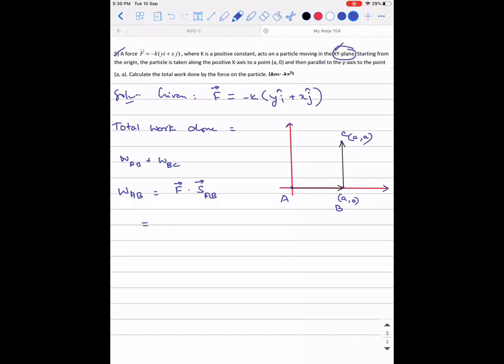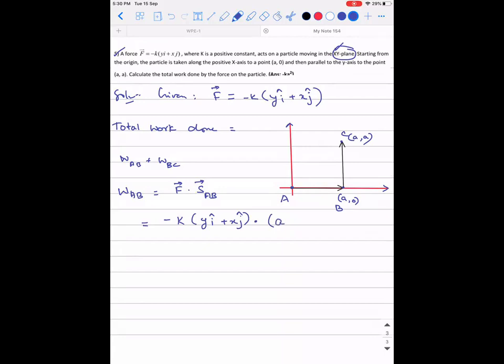F vector is minus k into (y i cap plus x j cap), dotted with the displacement of AB. Displacement is final minus initial.